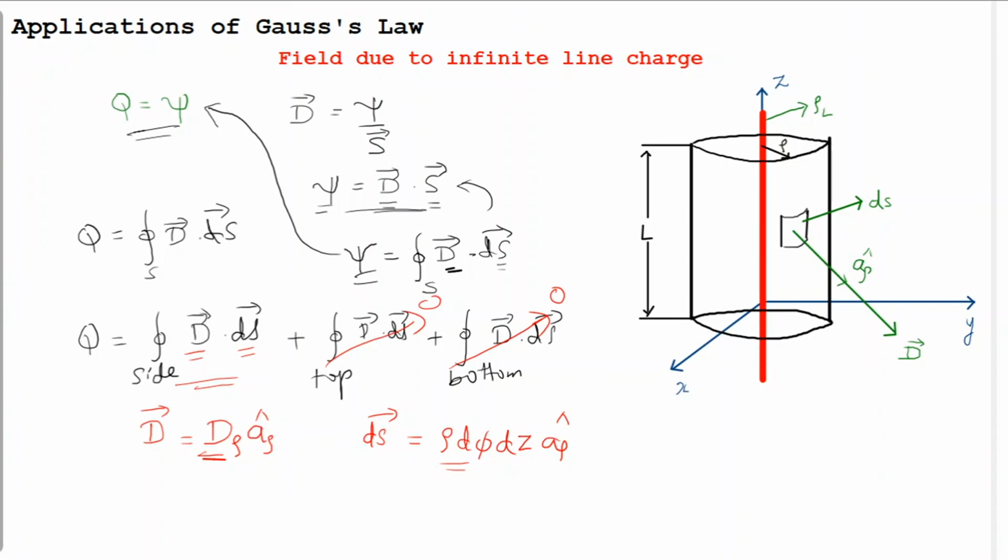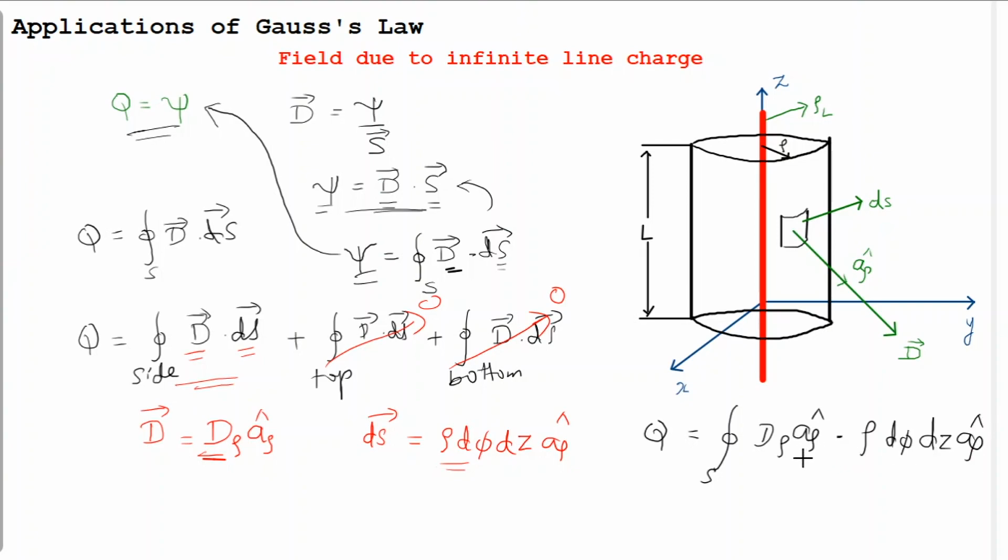Now we will use this to evaluate Q. Back substituting this into Q, I get Q equal to the side surface integral of D rho a rho cap dot rho d phi dz a rho cap.